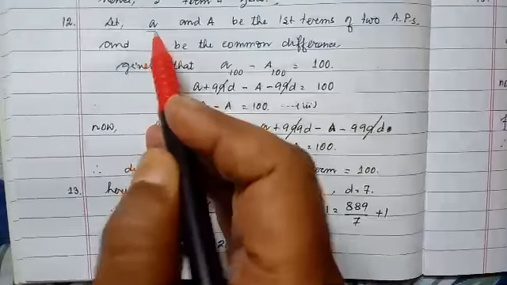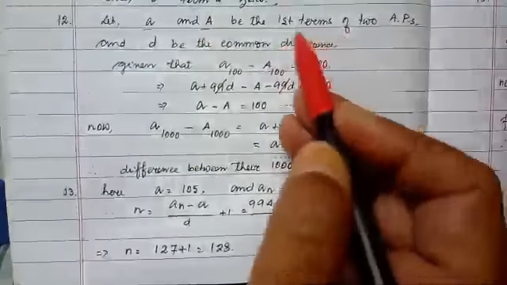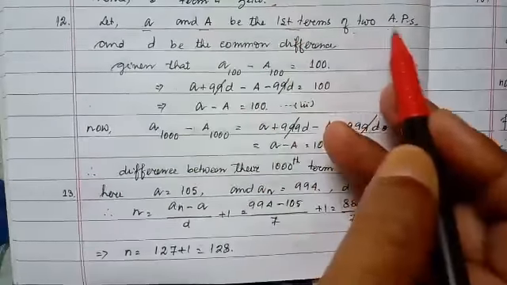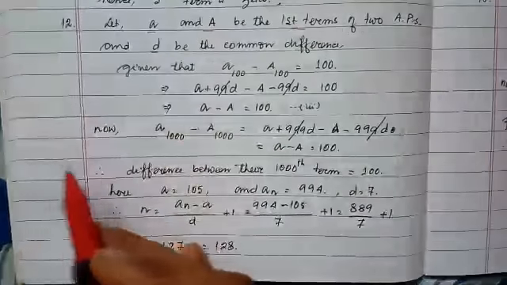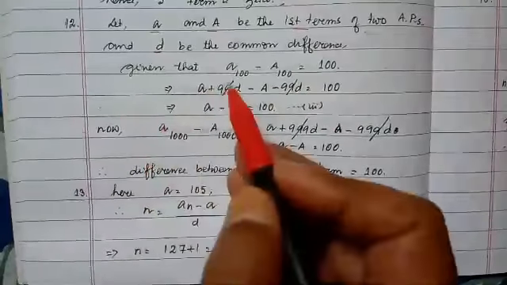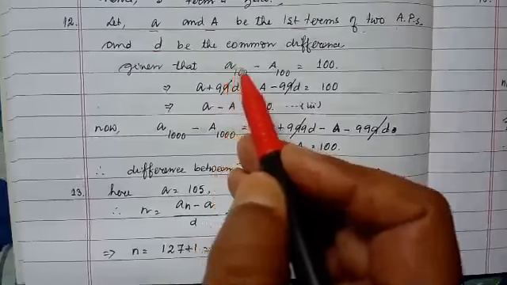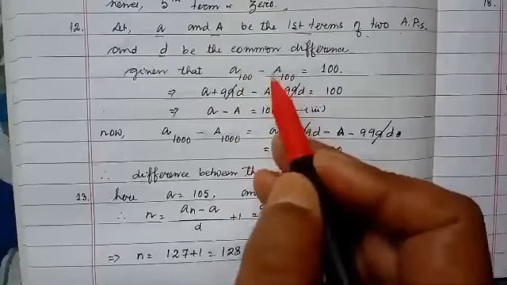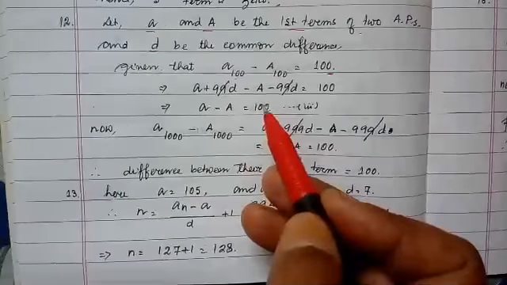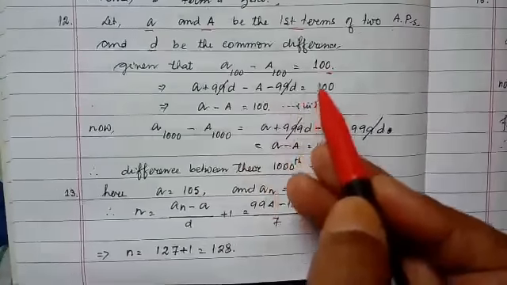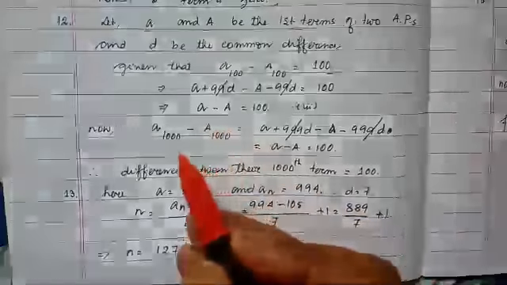Let small a and capital A be the first terms of two APs. And d is the common difference. The common difference is the same. Therefore, we are given a100 minus capital A100 is equal to 100. That is, the difference between their 100th terms is 100. Accordingly this is written.